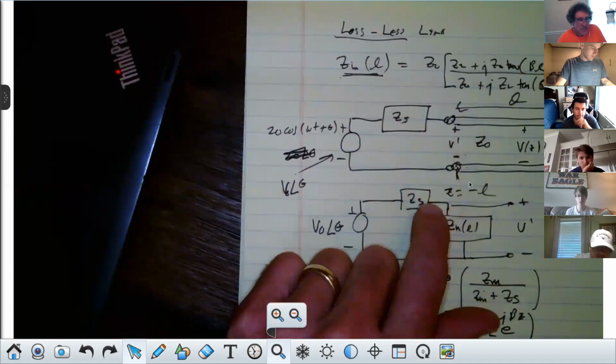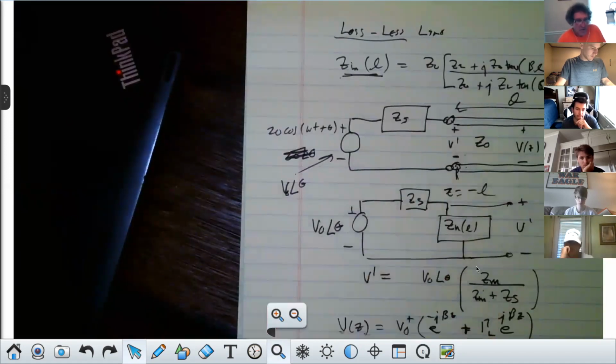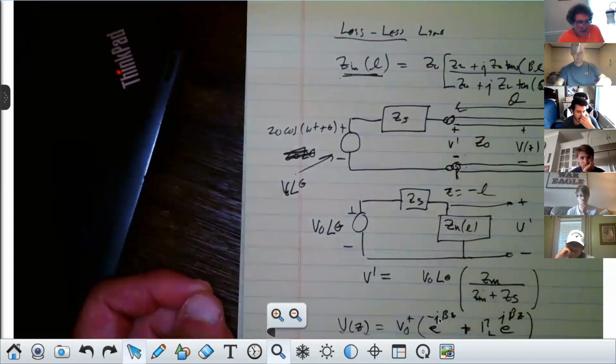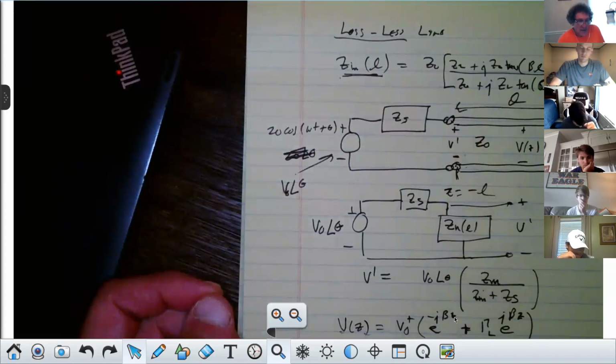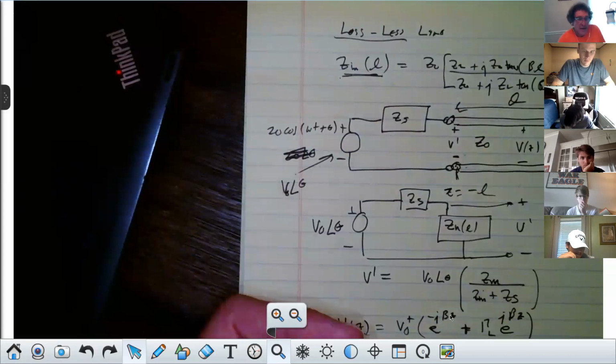We just calculated V0 prime. Now we need to get V0 plus. So we take V0 prime, that would be when z is equal to minus L, and divide it by e to the minus j beta z, but z will be minus L, so it would be e to the j beta L plus the reflection coefficient times e to the minus j beta L.